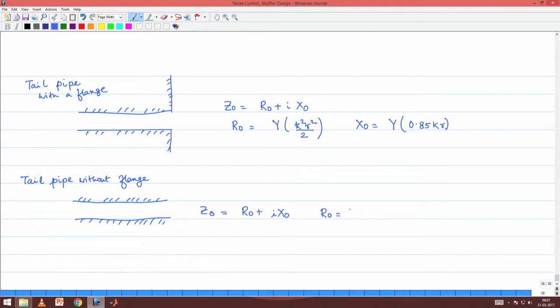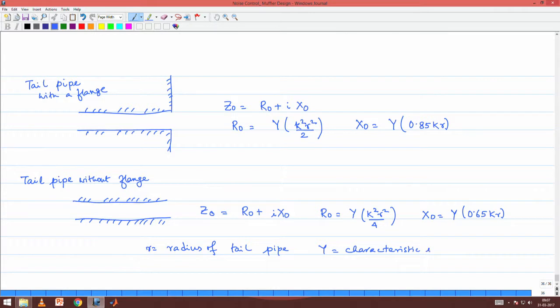The resistance this time will be Y k square r square by 4, and the reactance will be Y times 0.65 k times r. k is the wave number, r is the radius of the tailpipe, and Y is the characteristic impedance in terms of the mass velocity.